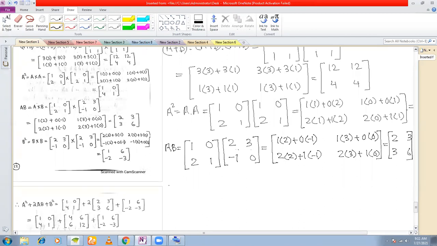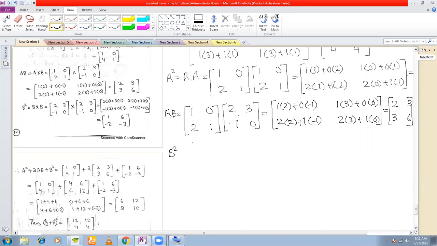Now we proceed to find out B square. B square is the product of B taken with B. Check the multiplication. 2, 3, minus 1, 0, and you have 2, 3, minus 1, 0. Again, first row, first column, 2 into 2 plus 3 into minus 1.